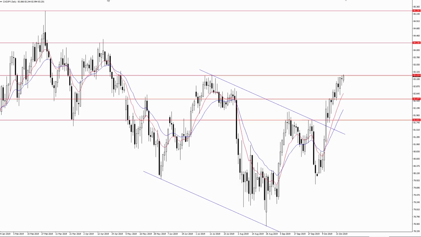So as long as we're seeing the CAD yen continue to carve these higher highs and higher lows, and that 82.50 area is intact, this area right down here is intact as support, I do favor buying dips in the CAD yen for an eventual close above 83.20, which would expose that 84.20 resistance area.